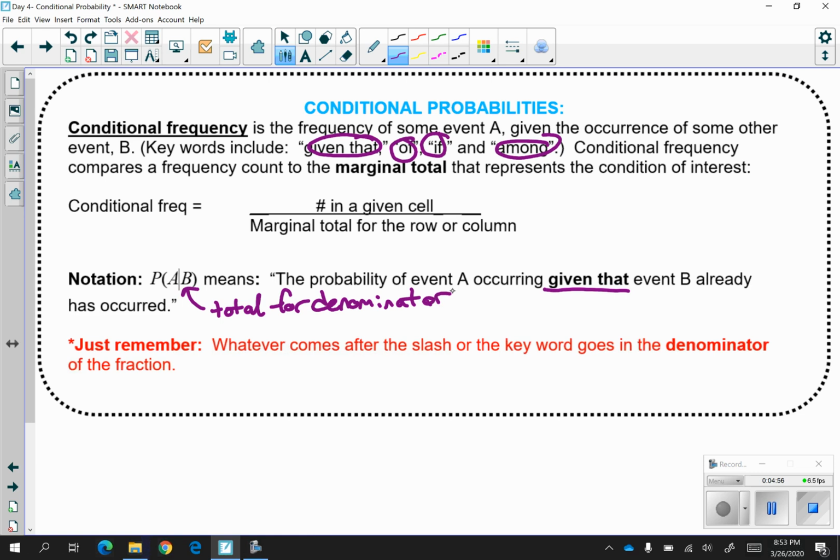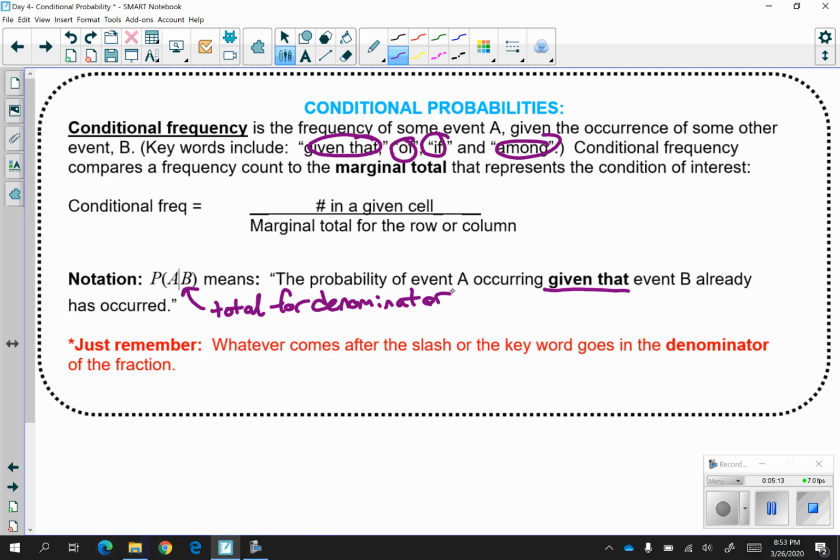Again, a vertical straight line means given that. You do have to remember the notation to be able to read it. And just remember whatever comes after the slash or the keyword goes in the denominator of the fraction.